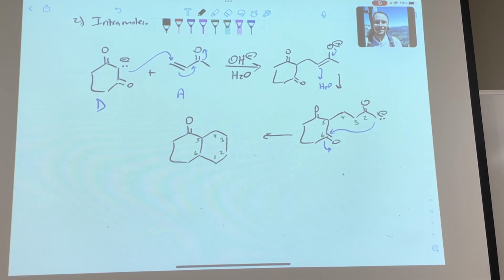On carbon 2 is the carbonyl. Carbon 6 is the tetrahedral intermediate. That's going to grab a proton from water.